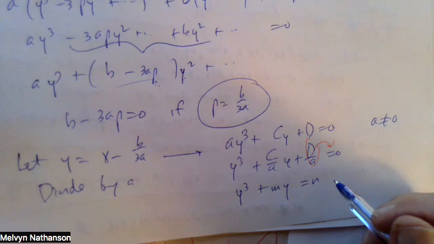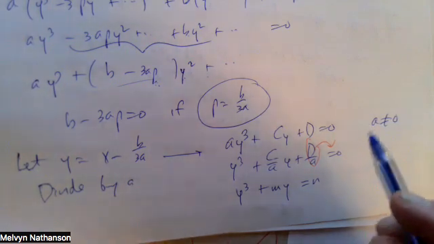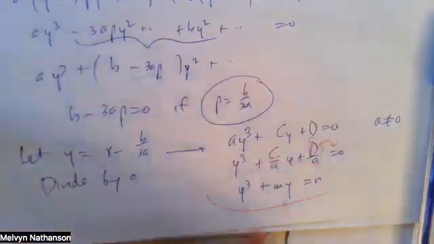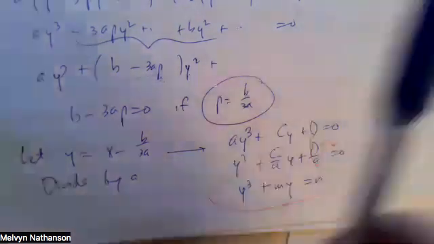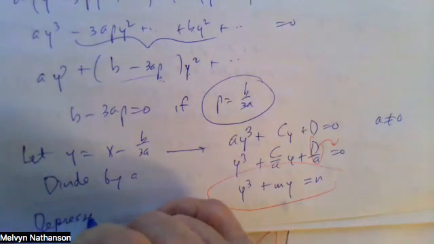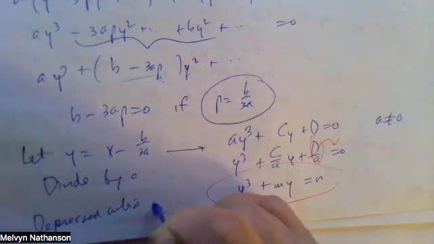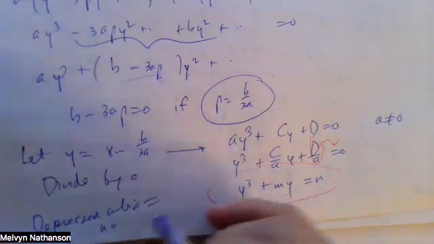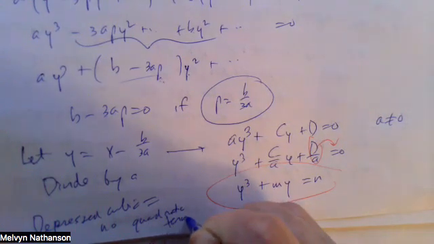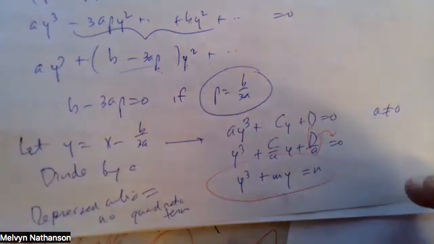So the cubic equation is reduced to something which looks like this, which is called a depressed cubic, which simply means no quadratic term.